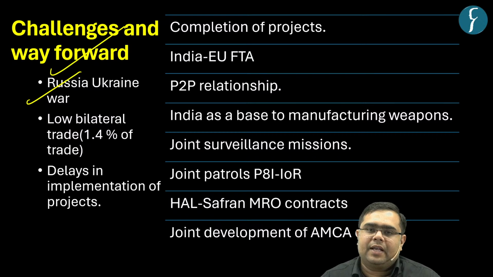Because India has taken a neutral stand and we have not supported, but have shown our concerns and apprehensions with respect to the issues that were raised by Russia, it has led to a little bit of coldness in the relationship.